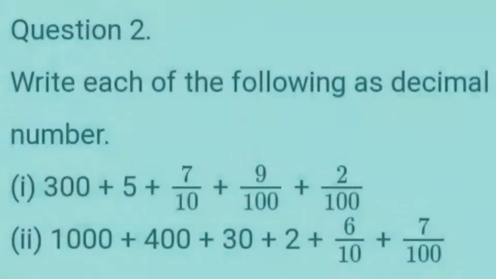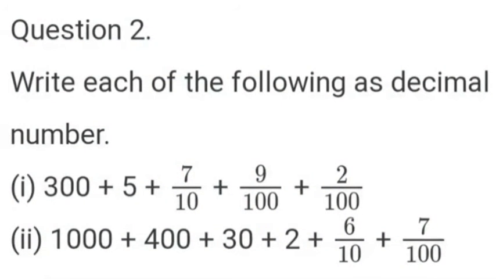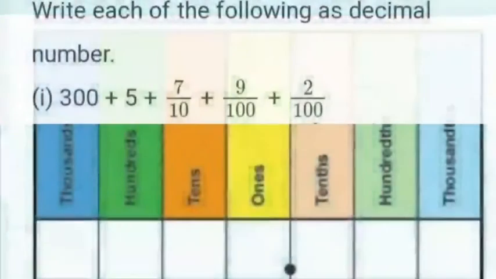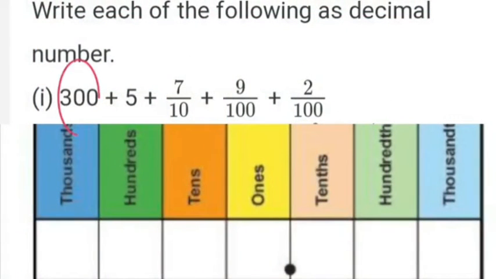Question number 2. Write each of the following as decimal numbers. Let's write the answer from left to right. 3 hundredths, so we should write 3 in the hundredths place. There is nothing given in the tens place, so we should write 0 in the tens place.